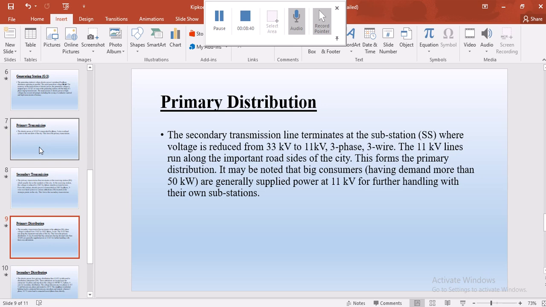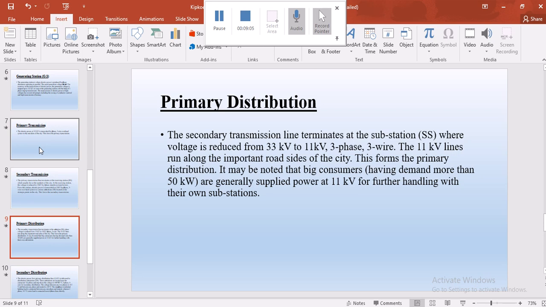It may be noted that big consumers having demand more than 50 kilowatts are generally supplied power at 11 kilovolts for further handling with their own substation. So when the power arrives at the substation, it is normally stepped down from 33 kilovolts to 11 kilovolts.